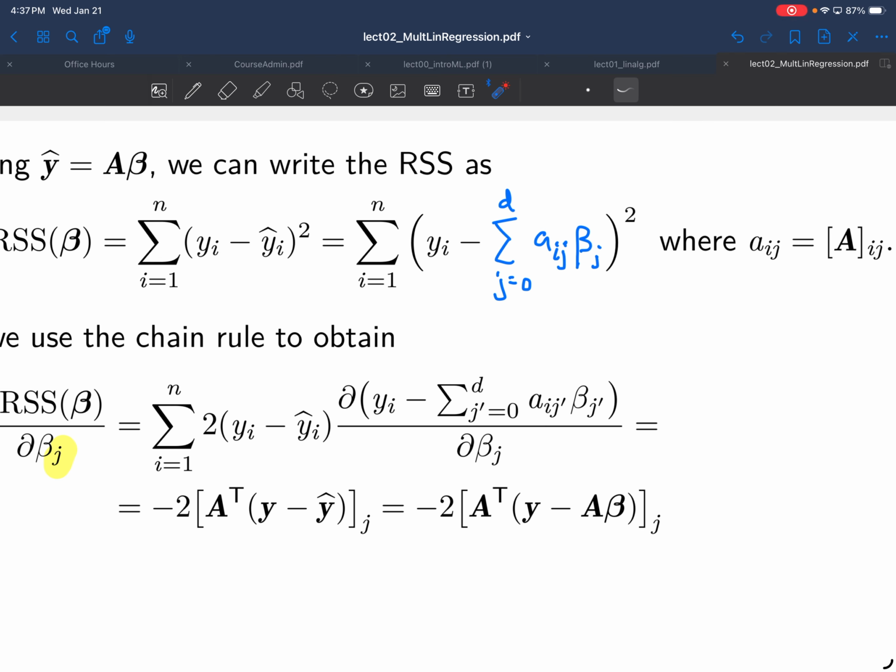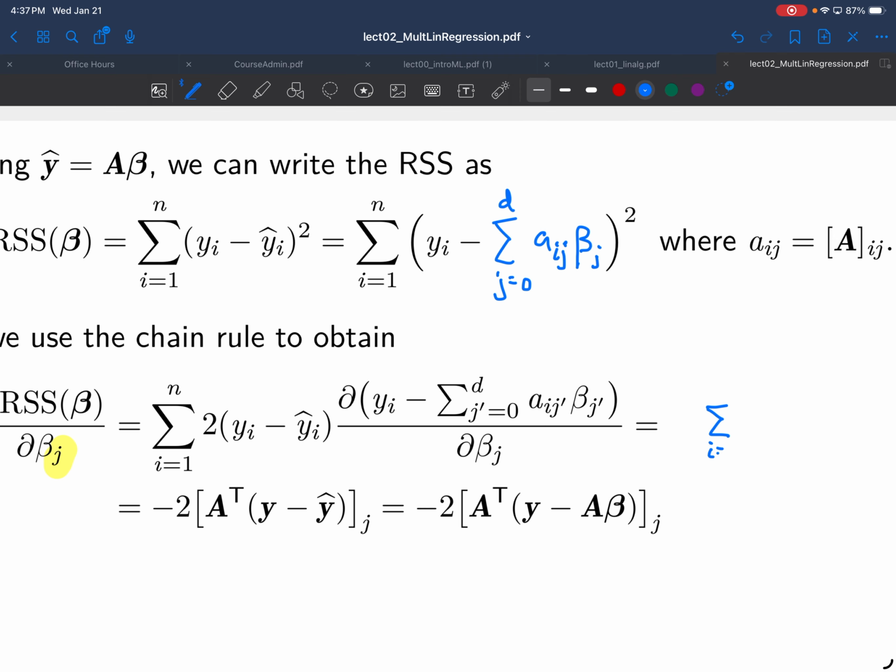Is Carson Bryce here? Carson, do you see what would be the partial derivative of this term with respect to beta j? Probably just the sum of all the AIJs, the sum over j prime of AIJ prime.